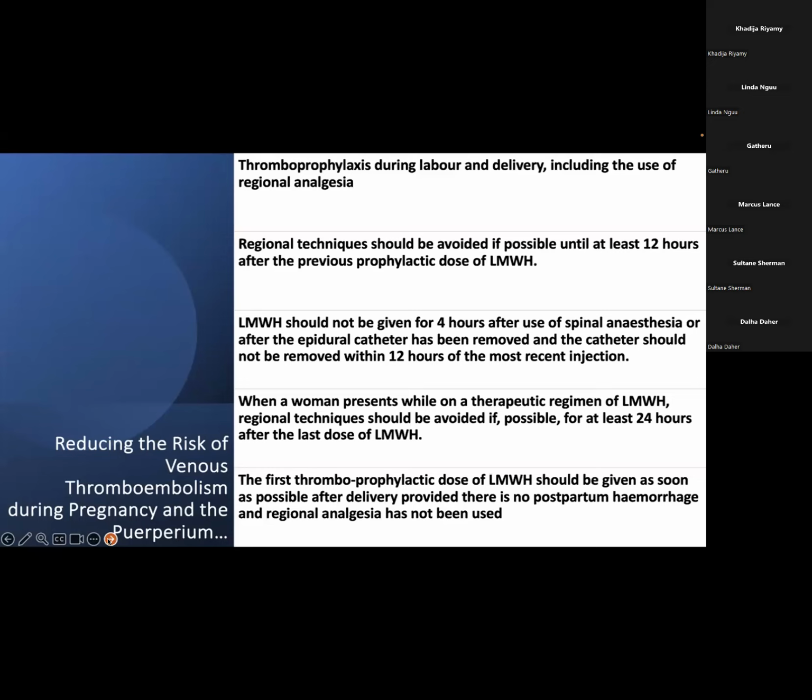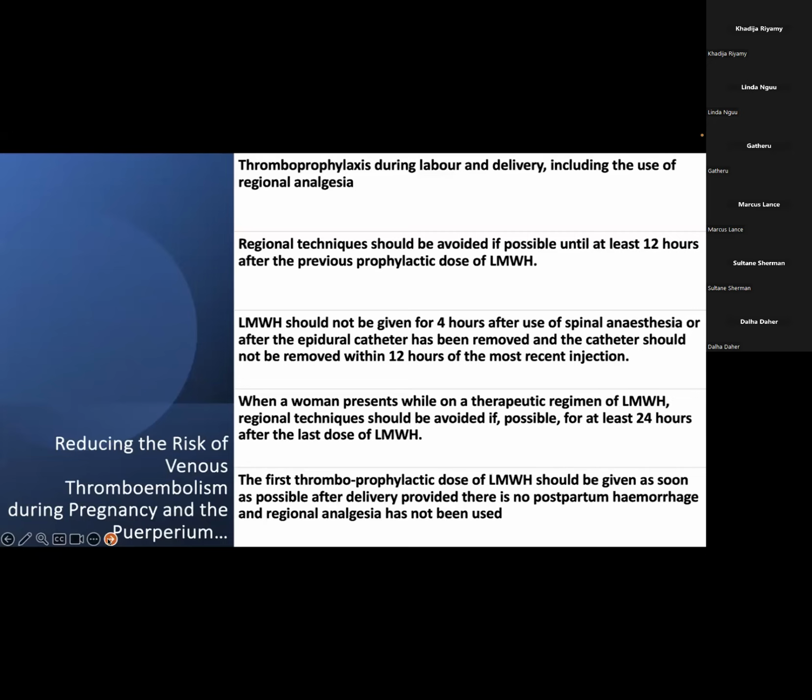So you should be able to remove it in good time. And then you should be able to start your patient on thromboprophylaxis as soon as possible, remembering that pregnancy by itself increases the risk of thromboembolism, and you want to be cautious.